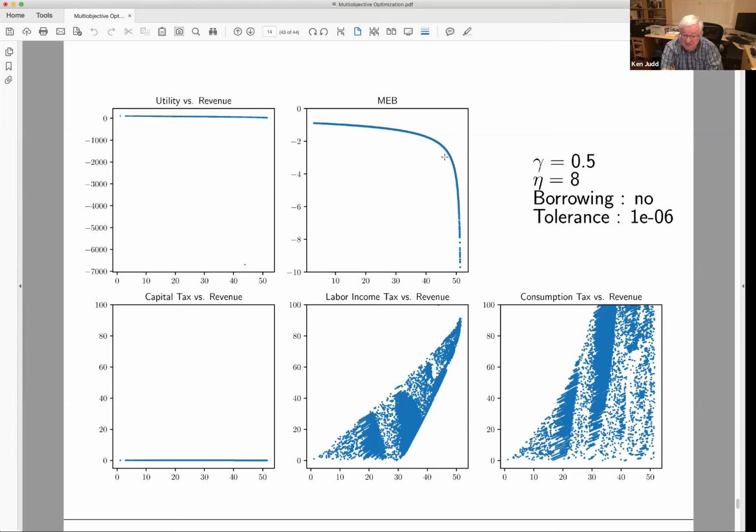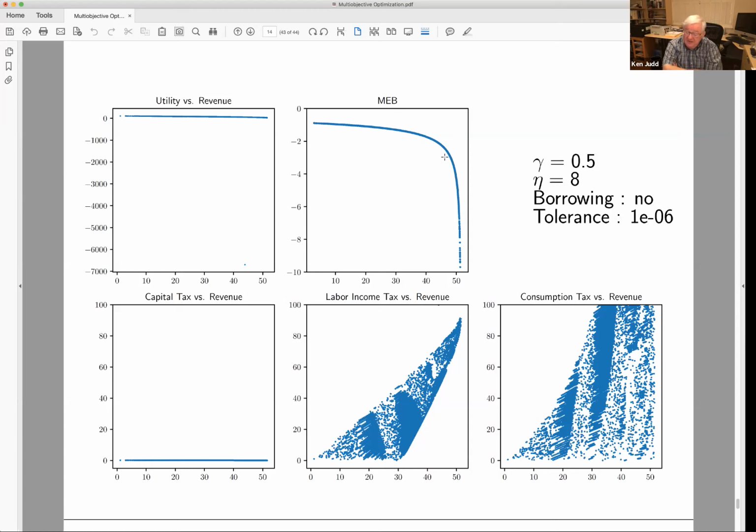Okay. So now, even with that kind of progressive and then regressive tax system, solving the consumer's problem is trivial. It can be done very quickly.